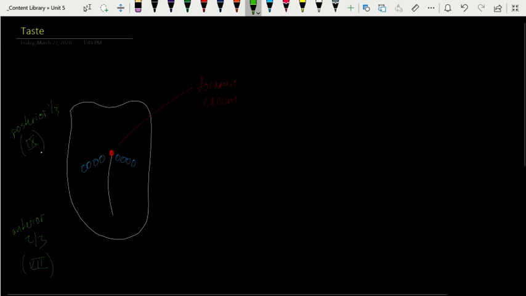Okay, as we start thinking about taste buds, it's important to recognize that taste buds exist on what we call papillae. And there are 4 types of papillae, or papillae, depending on where you're from, that we can find on our tongue.